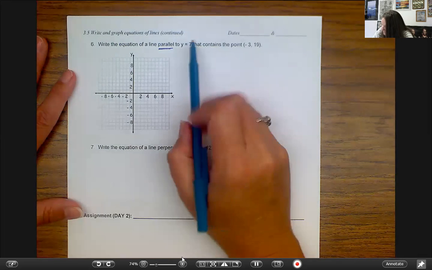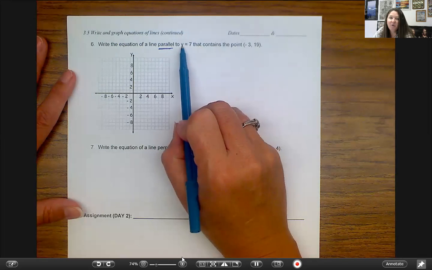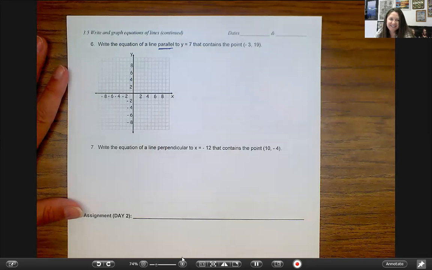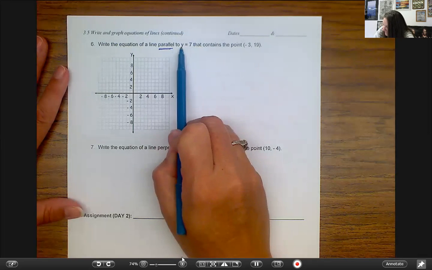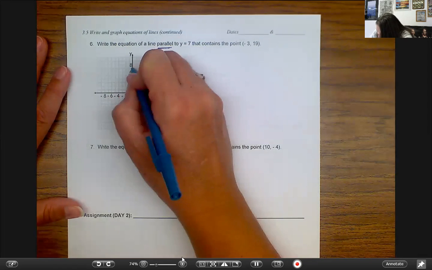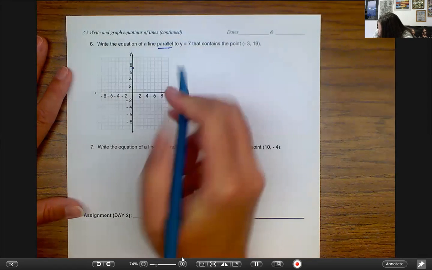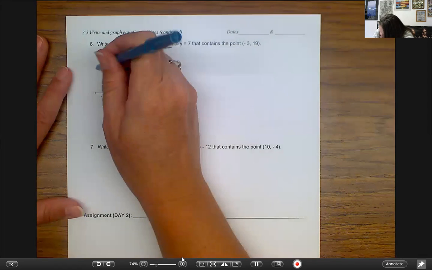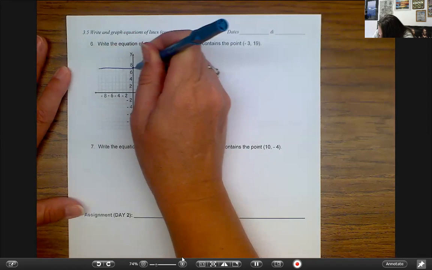Well, first of all, we need to know what kind of line y equals 7 is. If you're graphing that, you would simply go to the y-axis and intersect that at 7. So if we're intersecting the y-axis at 7, it's going to create a horizontal line.